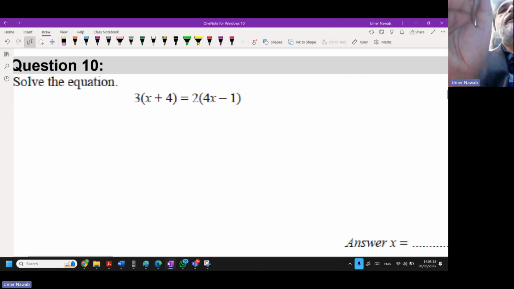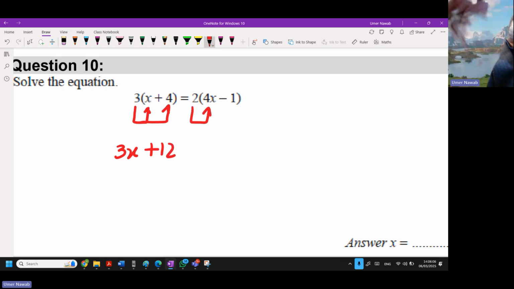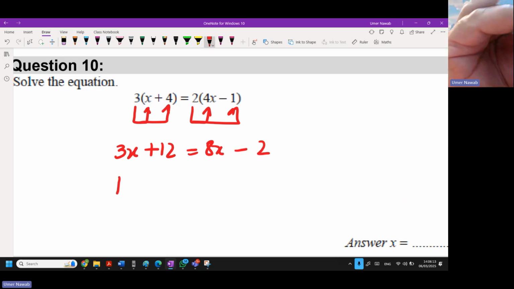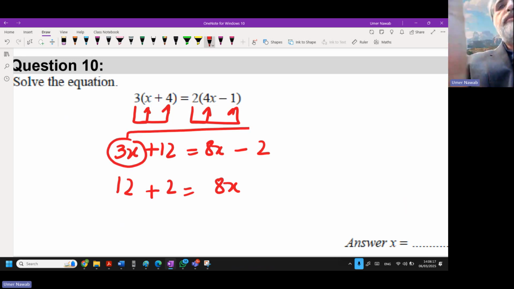I already got it. Now on both sides, I have brackets. So let's expand. So 3 times x is 3x, 3 times 4 is 12, 2 times 4x is 8x, and 2 times -1 is -2. Now readjustment: 12 plus 2 and 8x, the plus 3x will be shifted to the right.